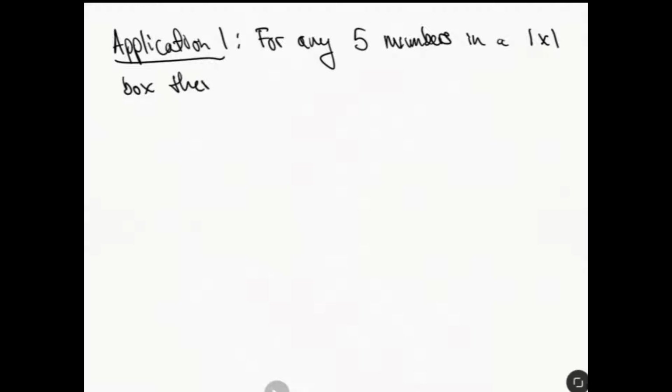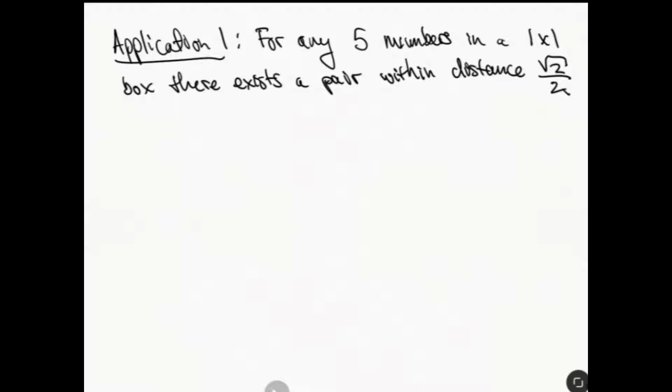For any 5 points in a 1-by-1 box, so like a square with side length 1, there exists a pair of these 5 points within distance square root 2 over 2.